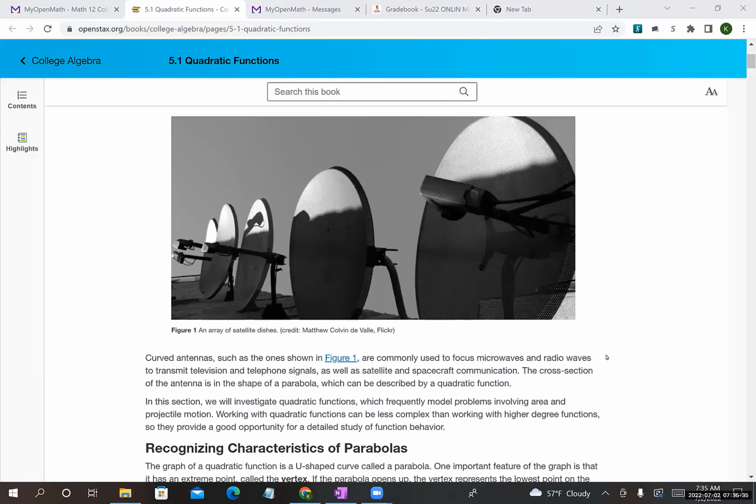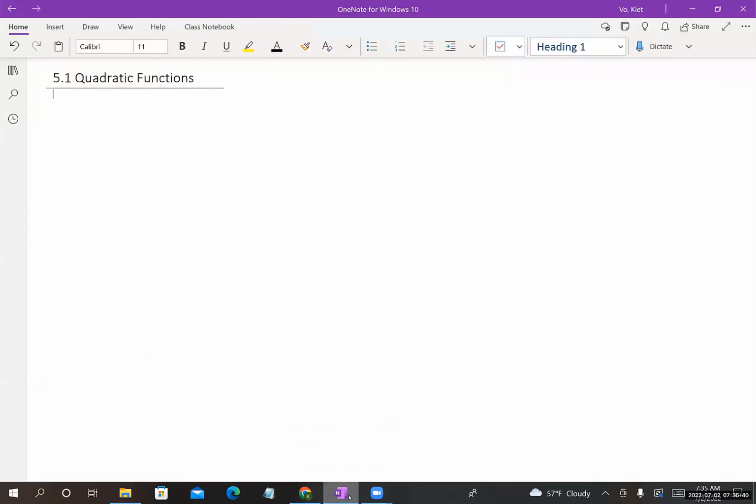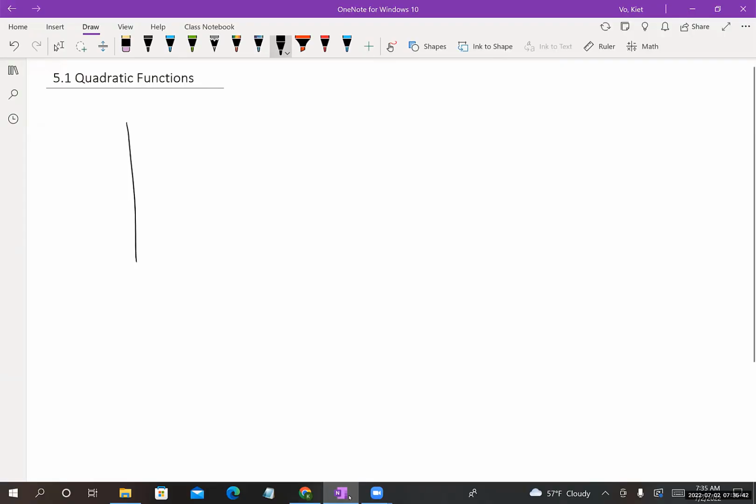So we all know the shape of a quadratic function. We've all seen this. Let me just give you a sketch here. So we could have a quadratic function that looks like this. It could open up, right? This is a parabola that opens up, or you could say opens upward.